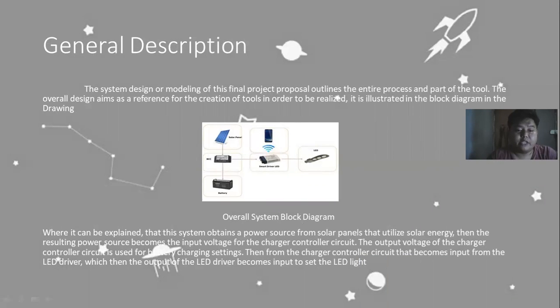where it can be explained that this system obtains a power source from solar panel that utilizes solar energy. Then the resulting power source becomes the input voltage for the charge control circuit. The output voltage of the charge control circuit is used for battery charging setting.